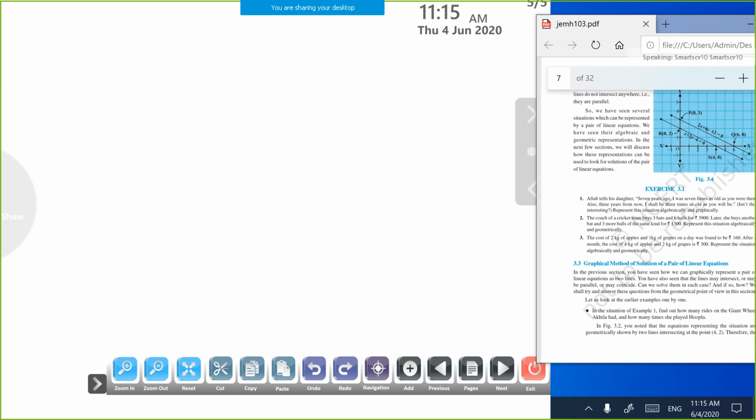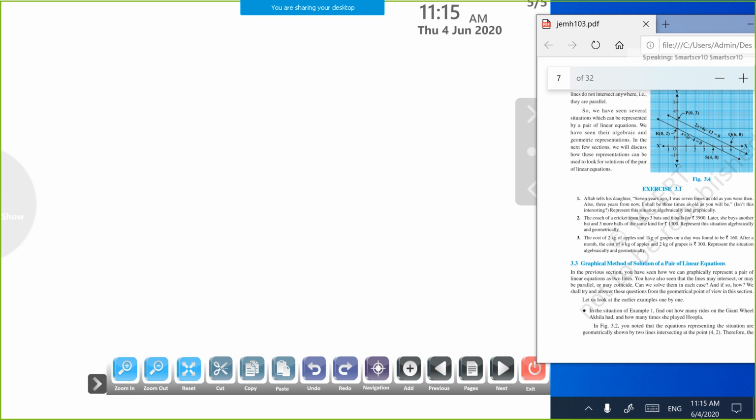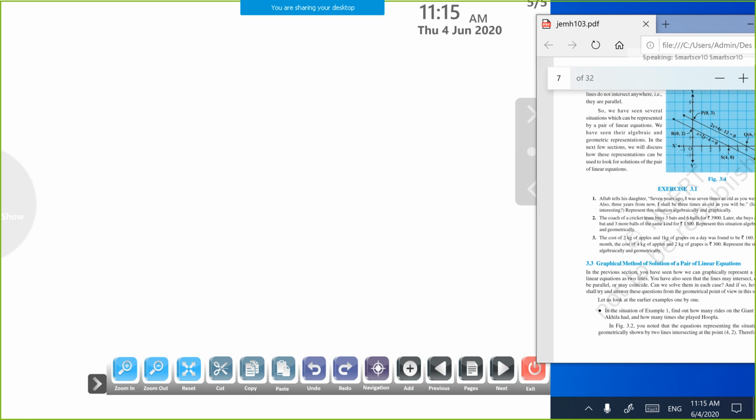Later she buys another bat and 3 more balls of the same kind for rupees 1,300. Two situations. First situation, 3 bats and 6 balls cost rupees 3,900.